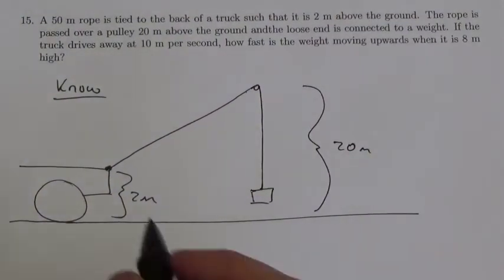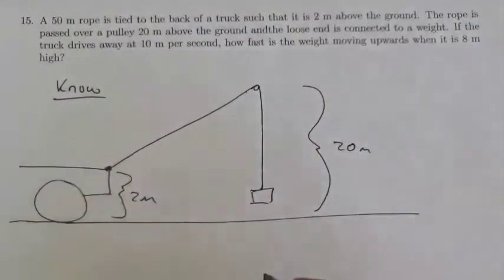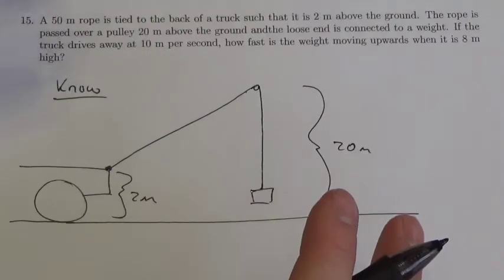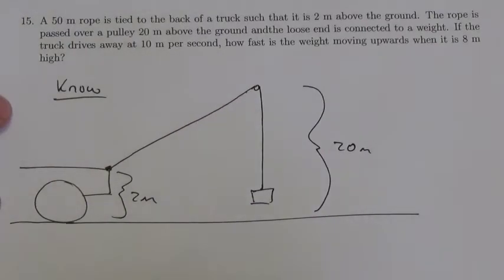So our truck here is going to move forward at 10. I'm going to finish this diagram in just a second, because we're not quite done putting stuff on here to make this make sense. But the truck is going to drive away at 10 meters per second. And the question is, how fast is the weight moving upwards when it is 8 meters high?